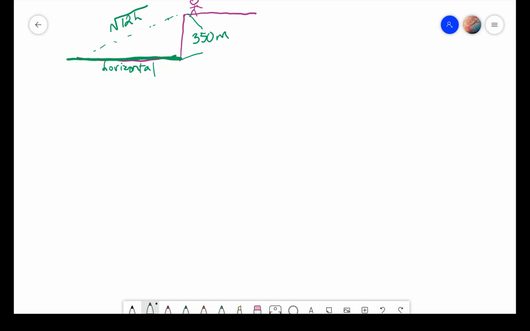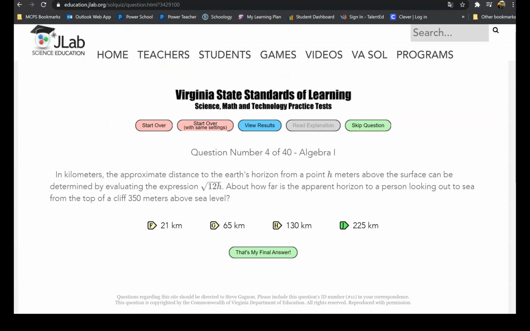Alright, so if our height is 350, then we have our h. We just have to solve the equation that they gave us. So it's the square root of 12 times 350. And then we're going to, you know what, this would be a perfect one for Desmos.